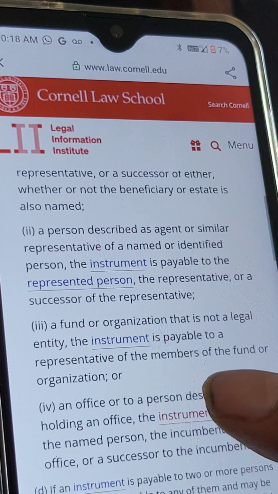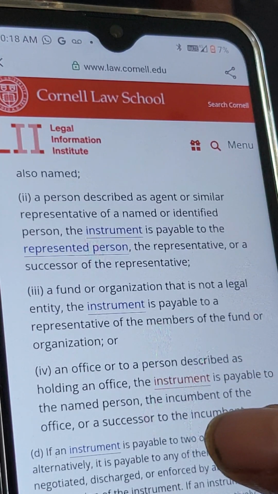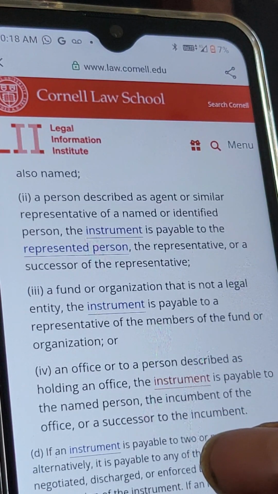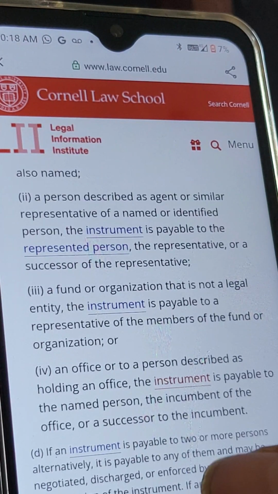A person described as agent or similar representative of a named or identified person: the instrument is payable to the represented person, the representative, or a successor of the representative. A fund or organization that is not a legal entity: the instrument is payable to a representative of the members of the fund or organization.